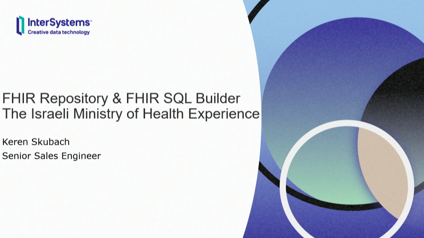FHIR doesn't support the merged patient. How do you handle when a patient is merged, meaning you have a duplicate? If I remember correctly, in Israel, everybody has an ID, okay? A physical ID that has nothing to do with the logical ID, and this is the identifier for each one of those resources.